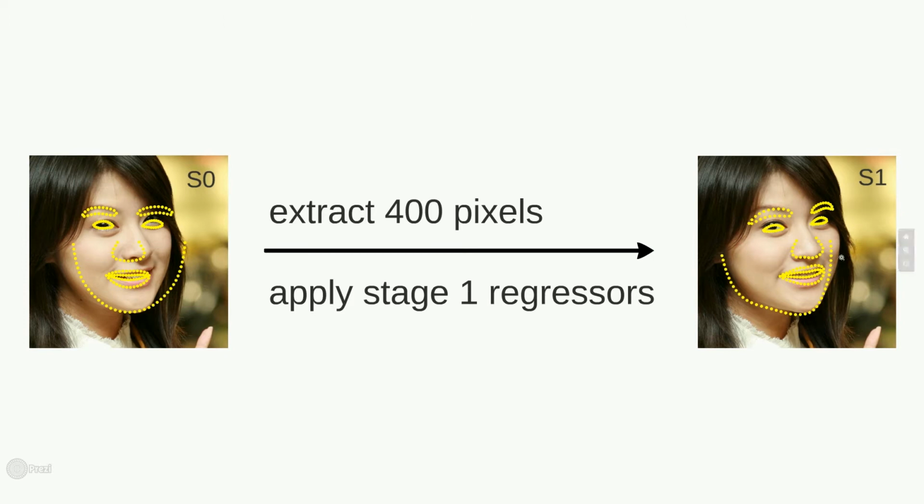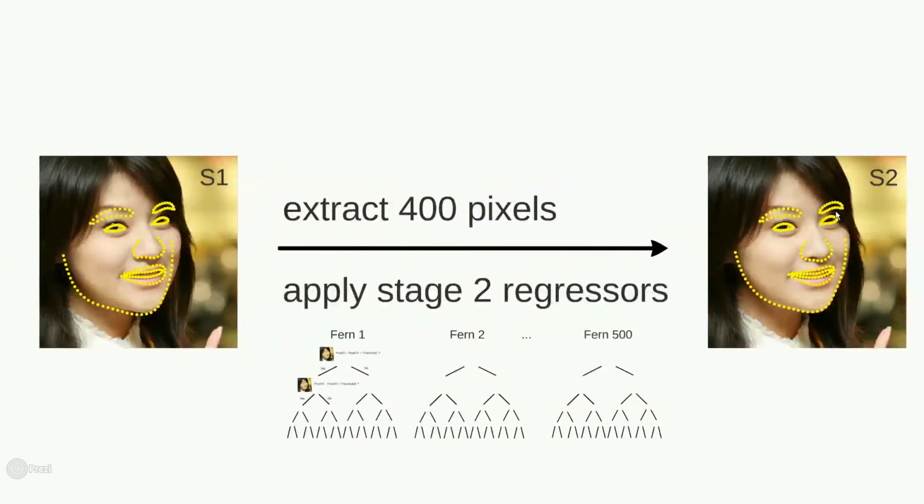Now, comparing with shape 0, we can see that shape 1 better approximates the shape of this human face. And then, from shape 1, we will extract another 400 pixels, and we are going to apply the stage 2 regressors, which are a different set of regressors from the previous stage. And then we get shape 2. Now, shape 2 looks even closer to what the human face should be.